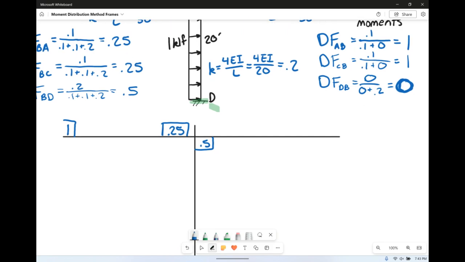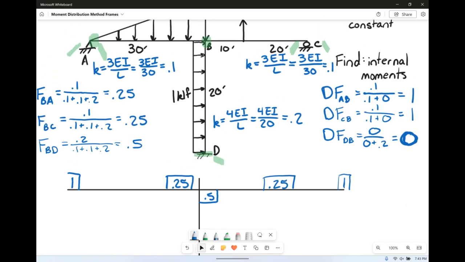Then I need to leave a little bit of space here, only so that I have space for numbers. But this is the C side of B. And then out a little bit further over here, we have the 1 for the other roller. So that's our frame for our distribution.